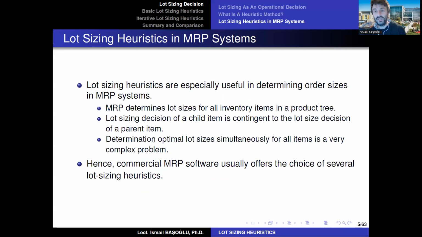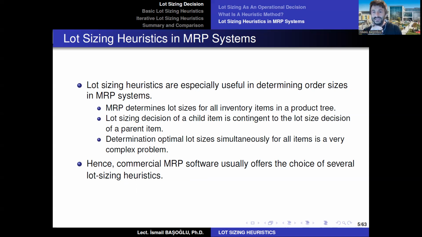Now, we have a product structure or a concept that is called bill of materials in the materials requirement planning systems. Whenever we develop a master production schedule, you feed the system with the current inventory levels of several items, which are going to be a part of your final product.